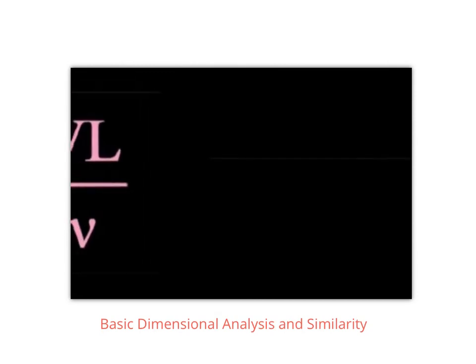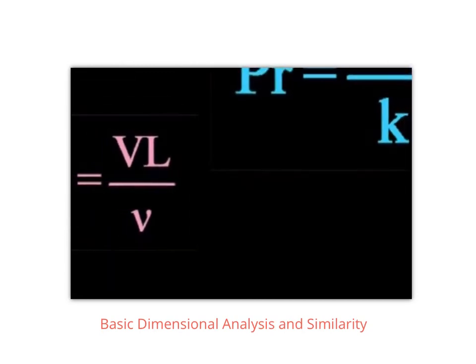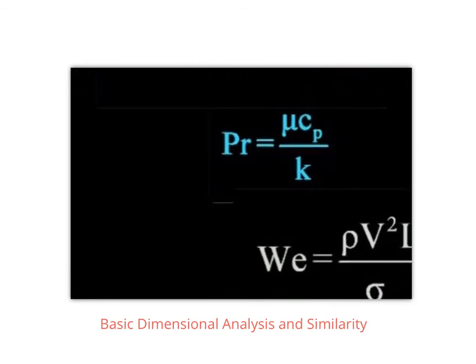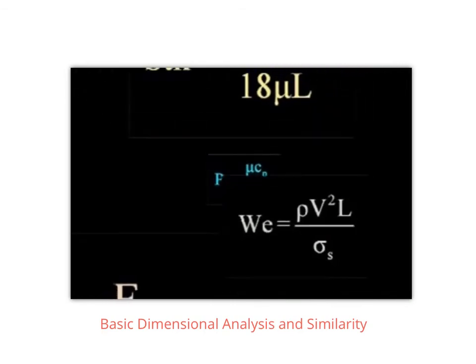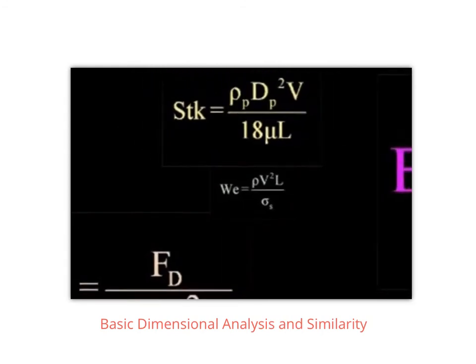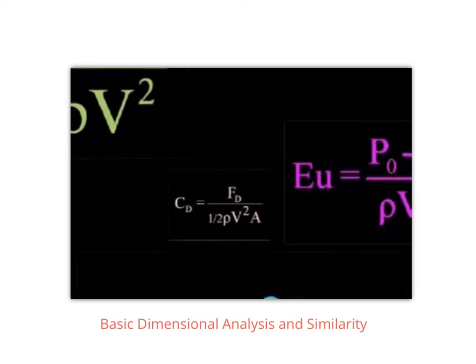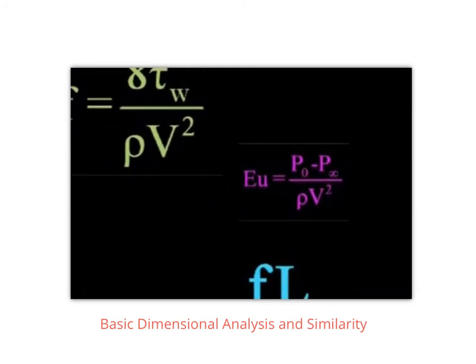This basic requirement of dimensional homogeneity naturally leads to a set of non-dimensional parameters that describe all sorts of fluid phenomena. By understanding the role of these non-dimensional parameters, we can learn a lot about fluid phenomena without actually having to solve the equations of motion.